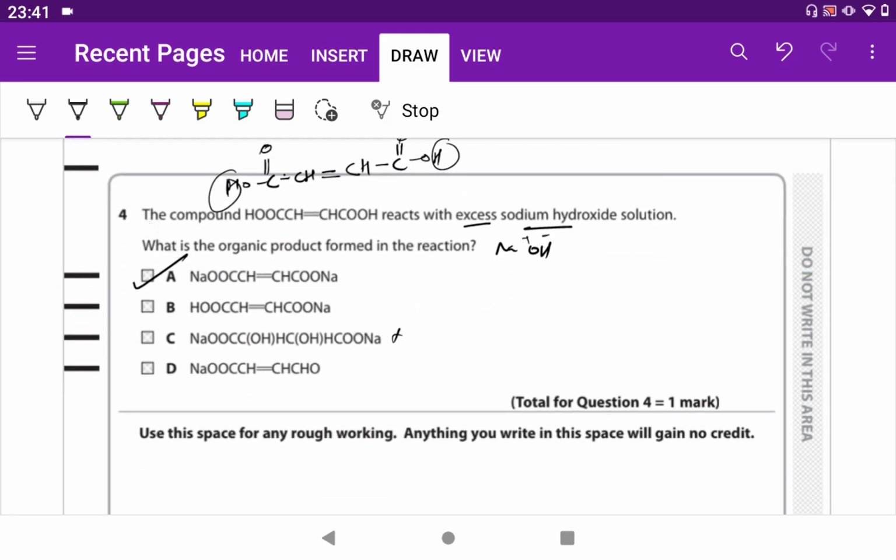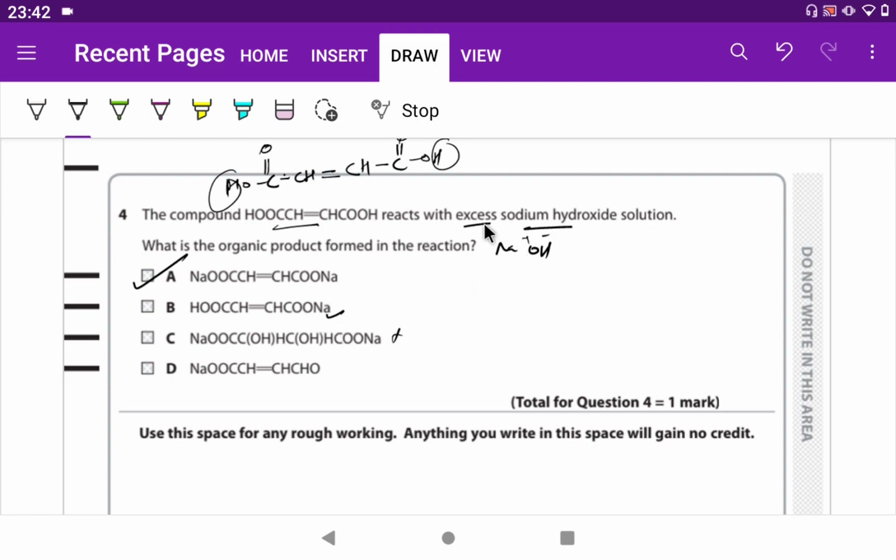Now the fourth question is a compound. This compound reacts with excess sodium hydroxide solution. What organic product is formed when the reaction occurs? So the excess means, if only NaOH was there, it is a base, and one acidic hydrogen would be removed from here, and it would form this one.